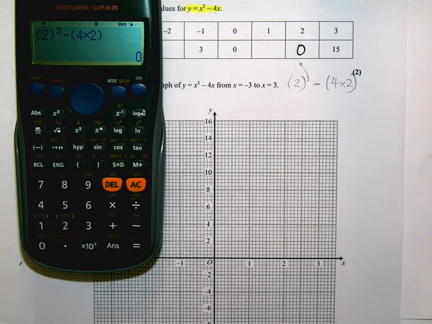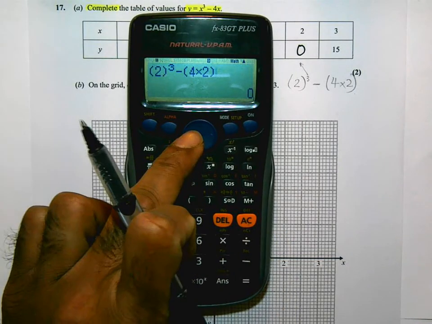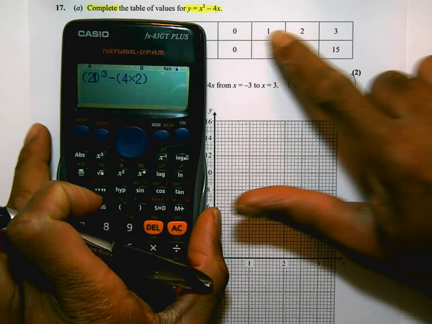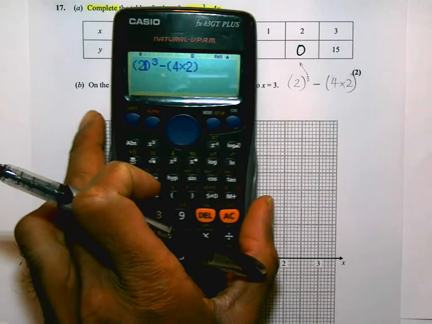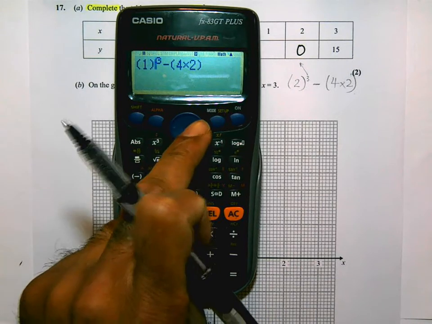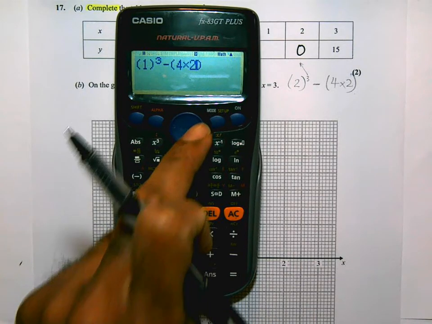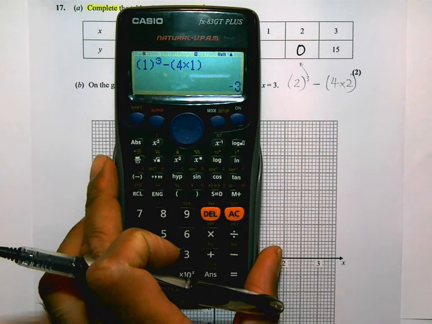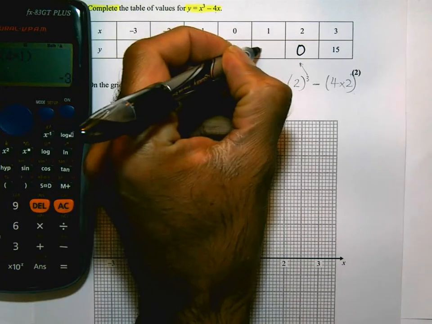I'll use the replay button to go backwards and change those 2's to 1, because that's the next value I'm trying to work out. So 1 cubed minus 4 times 1 equals minus 3. So I'm going to put minus 3 into this space here.